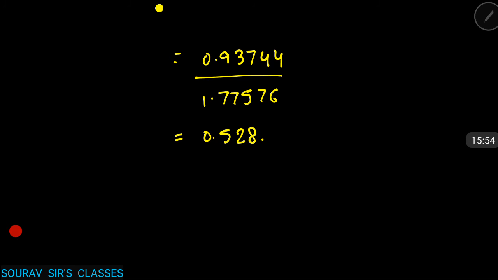Hence, substituting the values, we get x3 is equal to 0.49 x1 plus 0.528 x2.